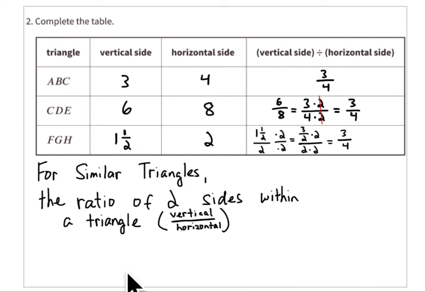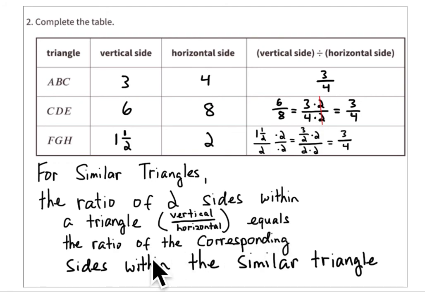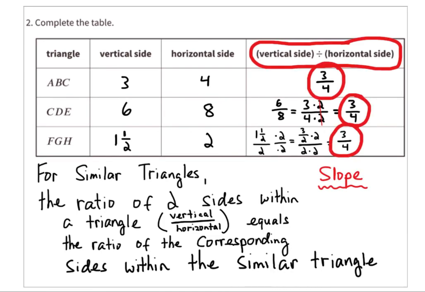Sorry about that. So for similar triangles, the ratio of two sides within a triangle, so the ratio of the vertical side to the horizontal side, equals the ratio of the corresponding sides within the similar triangle. And the vertical side compared to the horizontal side, that is called the slope.